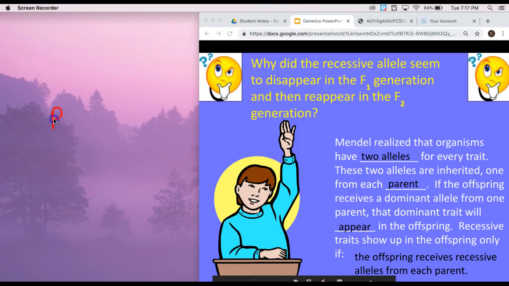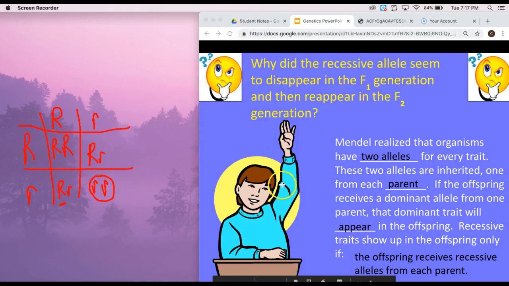So we had big R, little r, big R, little r, R, R. So that was going to be the dominant trait. Big R, little r, still dominant. There's one dominant allele. Big R, little r, still the dominant allele. And then in this one generation, we have 2 recessive alleles.